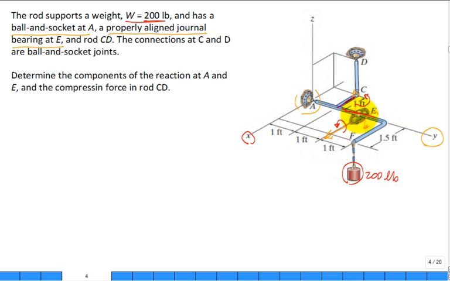Again, this is one of the more complicated constraints. It's a journal bearing, and if it's not aligned, it can have non-zero moments. But if it's aligned, it would have 0 moments.